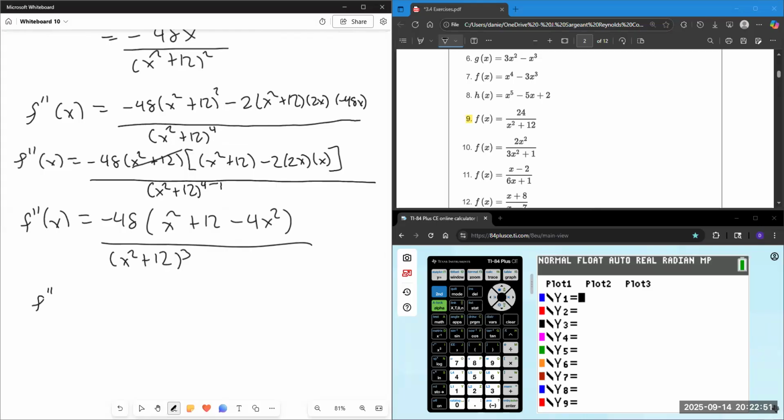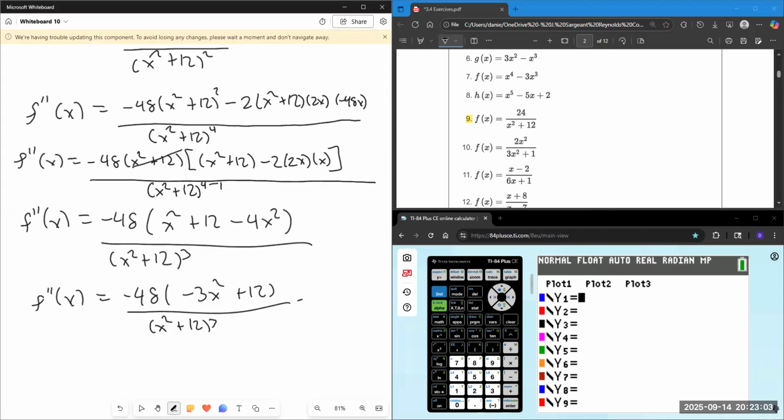F double prime of x is equal to negative 48 times negative 3x squared plus 12 over x squared plus 12 to the third. Negative 48 times negative 3 is a positive 144, so we have x squared minus 4 over x squared plus 12 to the third.